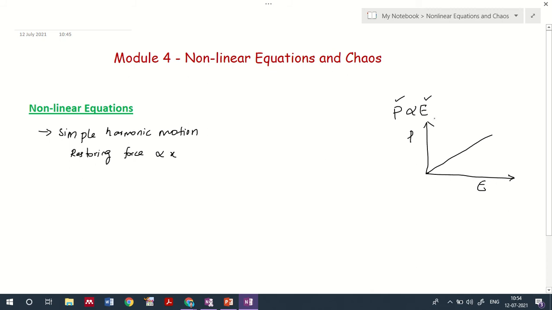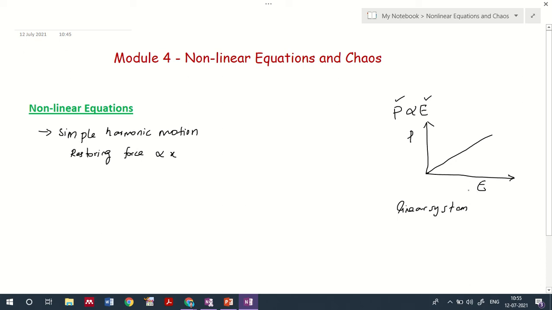So P proportional to E means the dependency of polarization on electric field is linear. That is important in the case of a linear system. Whenever you address a linear system, the system's dependency on its parameters will be linear with the other deciding variables.